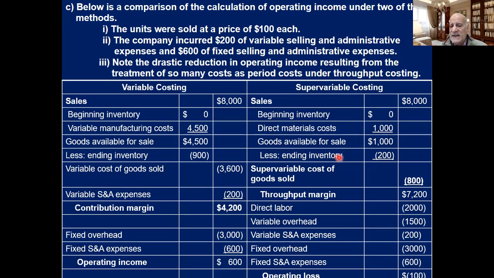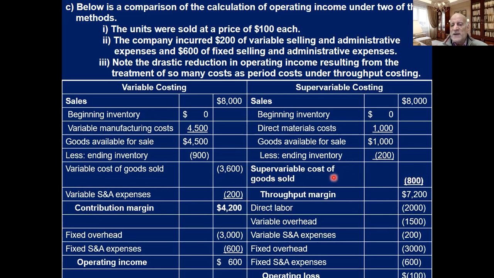Subtracting the ending inventory, which was calculated by multiplying units of inventory, 20, by the cost per unit from the super variable, which is direct materials, gives the super variable cost of goods sold. No other super variable costs except this.